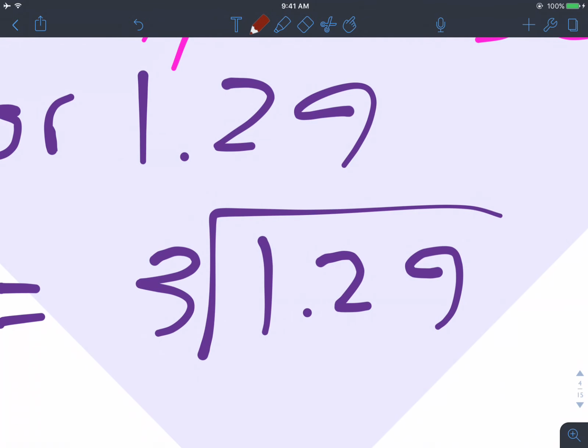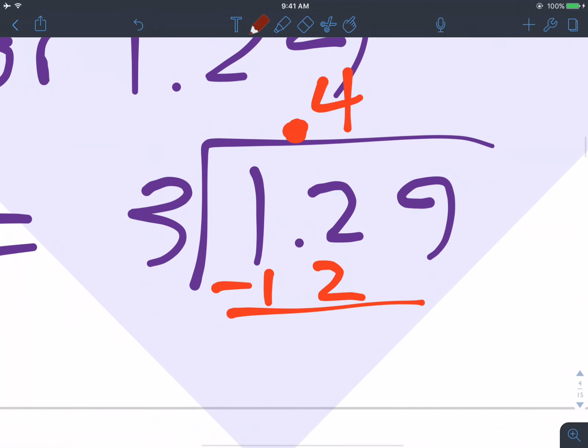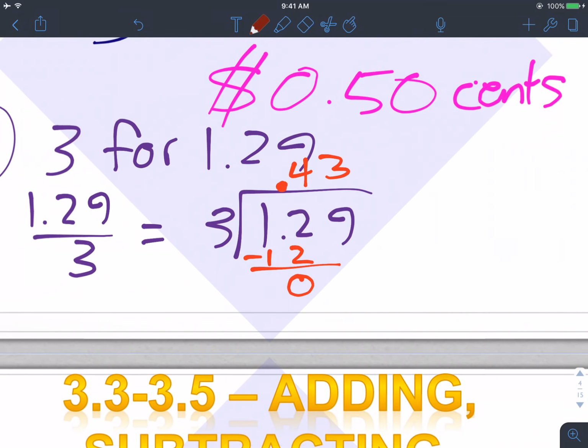How many times would 3 go into 12? You can pass if you want. 3 into 12. 4 times, right? I'm going to keep that decimal in the same spot too. I'm going to carry that up. All right, so minus 12. I picked an even number that went into it, didn't I? 3 goes into 9 3 times, so 43 cents. So again, it came out even. I would write 43 cents.